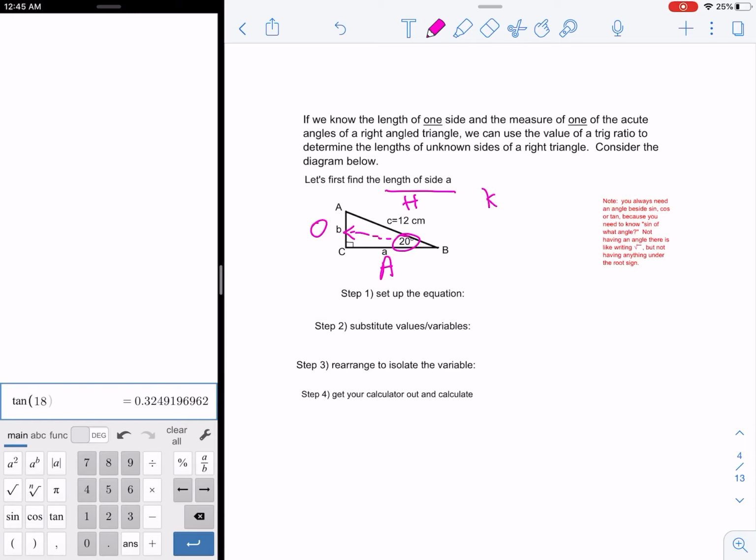So I know the hypotenuse, and I'm looking for the adjacent. So now, if I know I'm using adjacent and hypotenuse, I'm just going to write SOHCAHTOA up here. So adjacent and hypotenuse is the CAH part, it's cos.